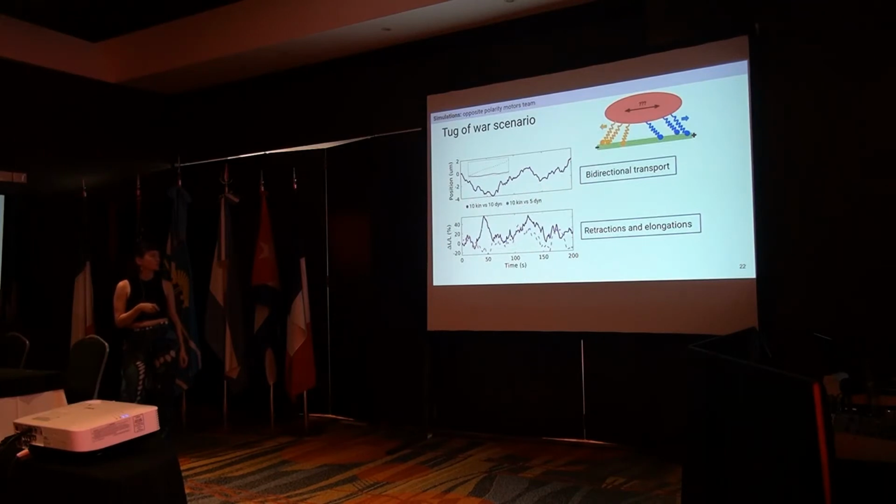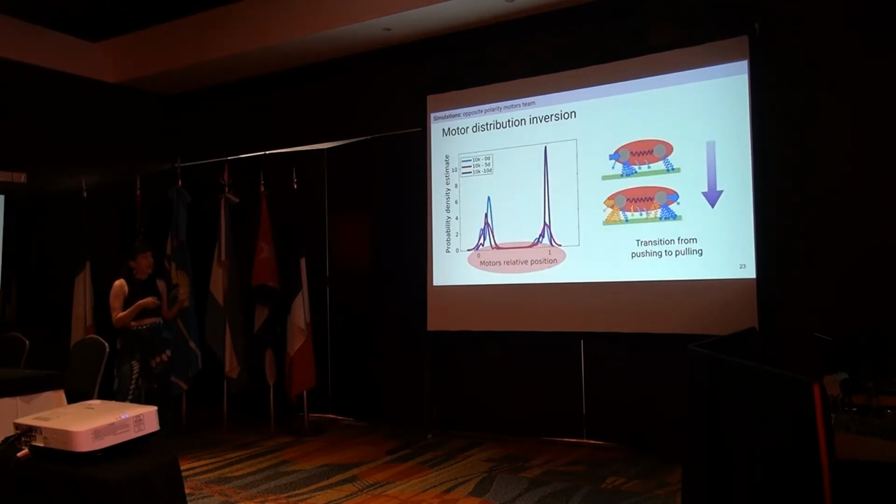And then when you see the changes in the length, you have also extensions and retractions, but now you have more elongations. So this is a change from the other experiments. And if you look at the motor distribution, here in blue we have the one I showed you before of 10 kinesins alone, and then as you set against them a team of some number of dyneins, you see that there's an inversion of the peaks.